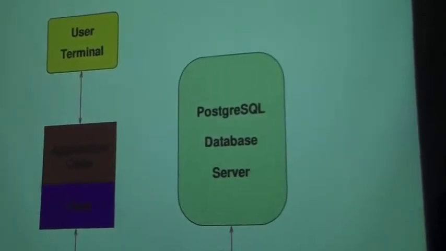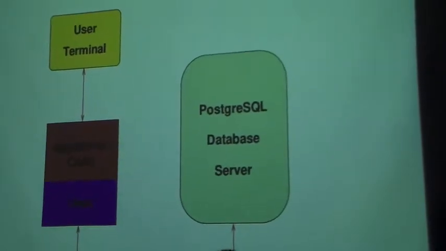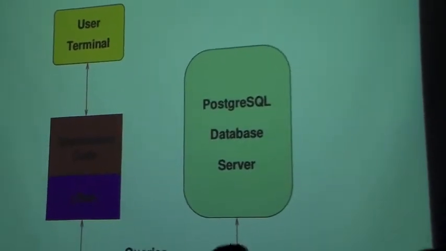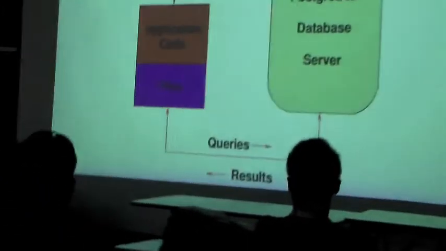Now, I'm not going to be talking too much about the internal code of Postgres today, but what I am going to do is walk you through how Postgres makes those decisions and give you a little more appreciation of what is going on inside that server.